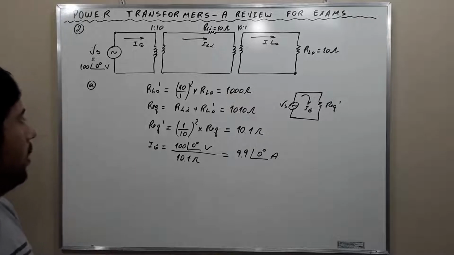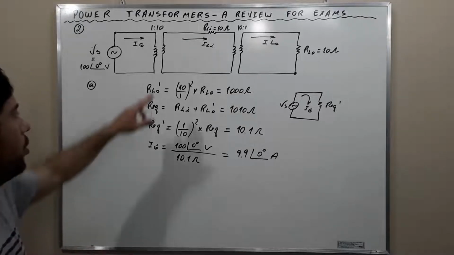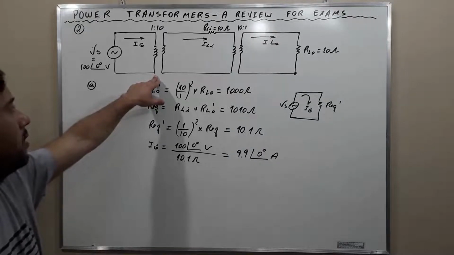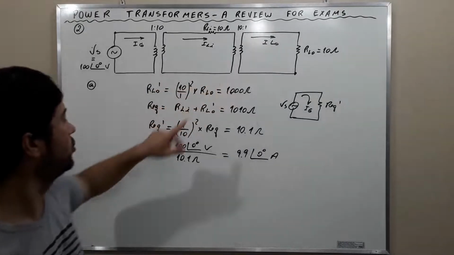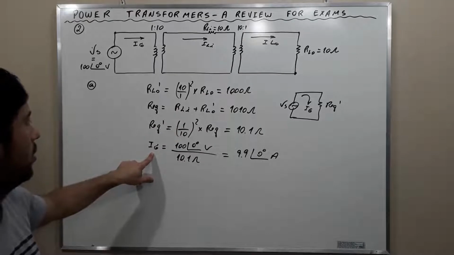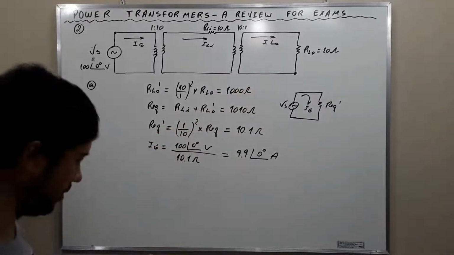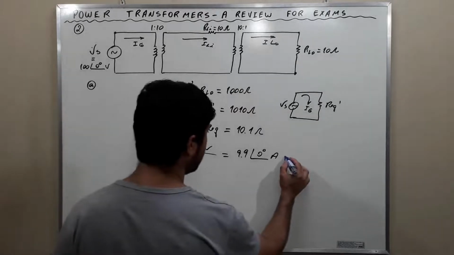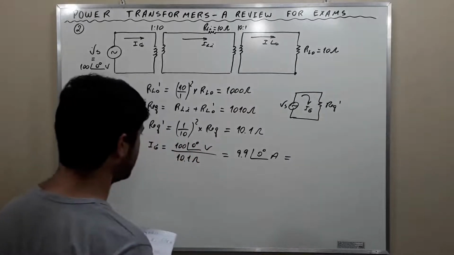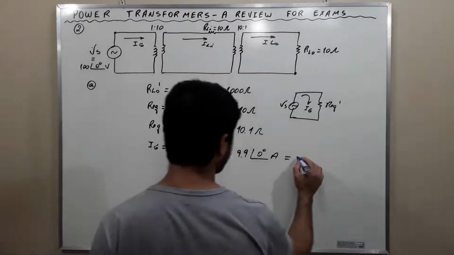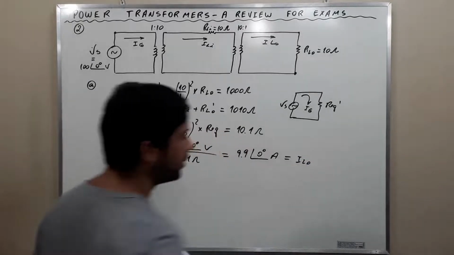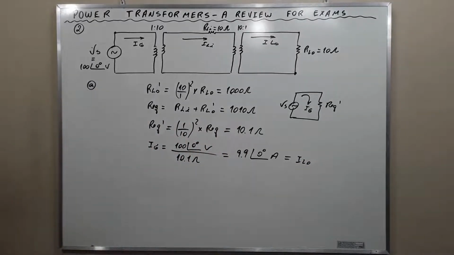Whenever talking about ideal transformers, we neglect the losses and observe that they are identical. So Ig is going to be equal to I low, the current delivered to the load.